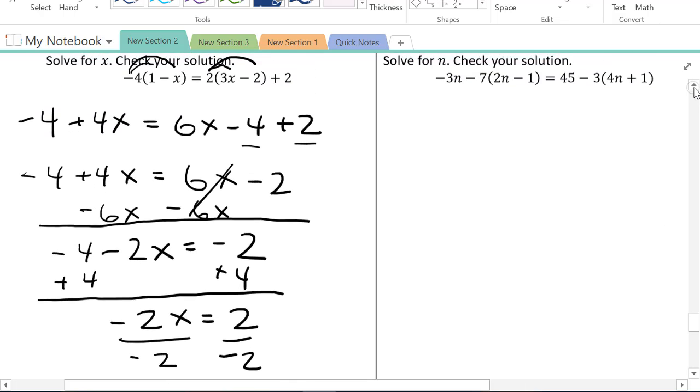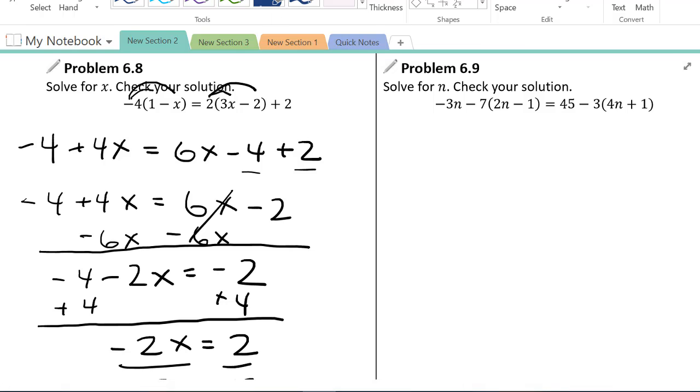For the next one, same thing, we want to distribute, right? So when we're distributing, you always want to carry the sign in the front. So let's just copy the negative 3n first. So we have negative 3n. We want to distribute negative 7. So negative 7 times 2n is negative 14n.